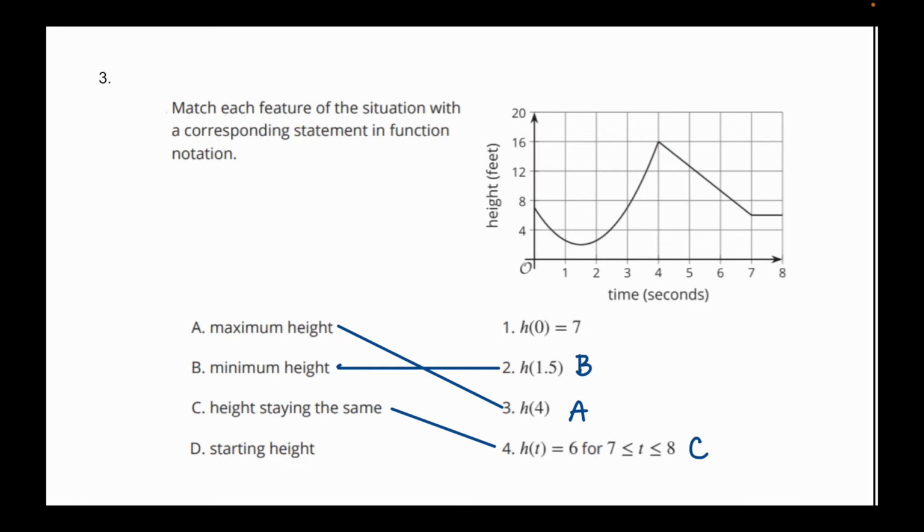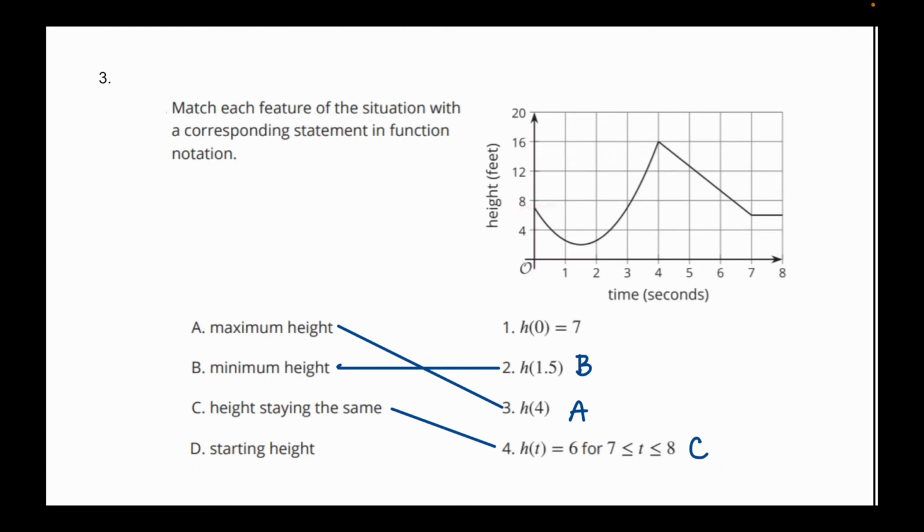All right, so last one. Always with the last one on anything that's matching, I always like to check anyways in case I messed something up. So starting height, let's check and see if h of 0 equals 7 matches for starting height. Well, h of 0 would be the height at 0 seconds. 0 seconds would be my start. And is the height 7 at 0 seconds?